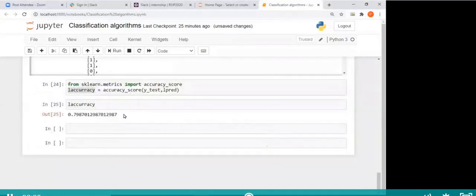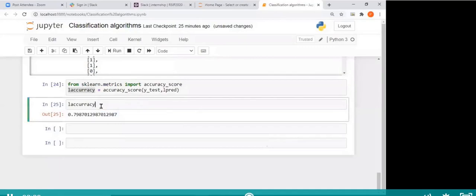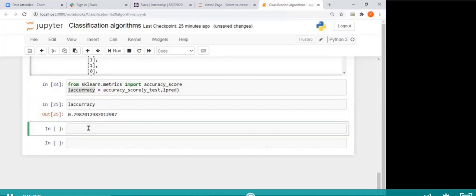All right, so even I got 79%. Now for classification, this accuracy is not sufficient for saying the model is very great. So you have to also calculate area under curve as well as receiver operating characteristics.